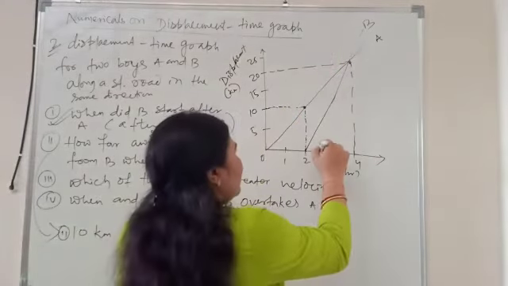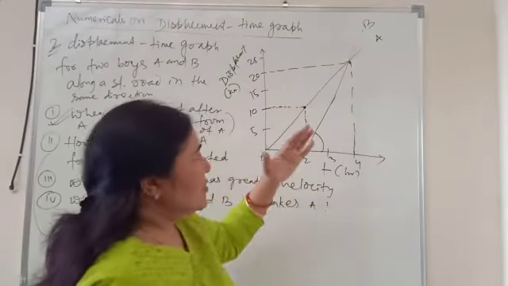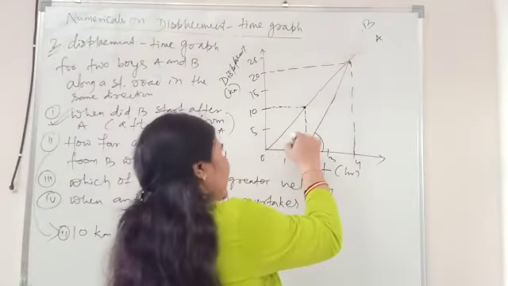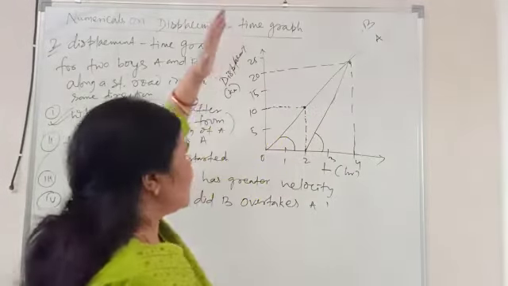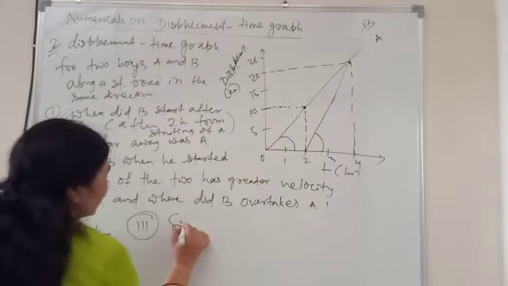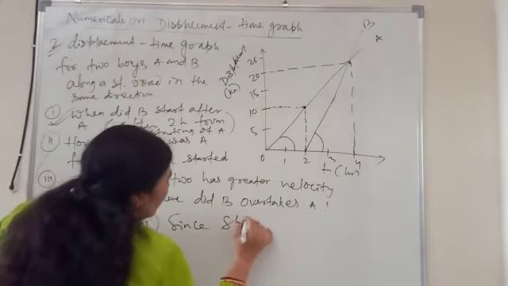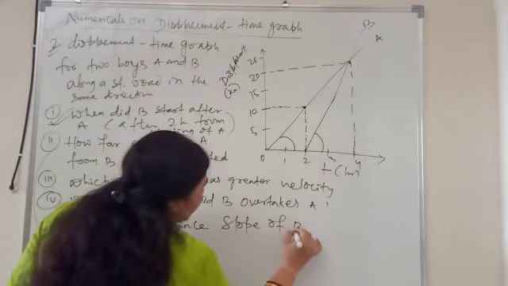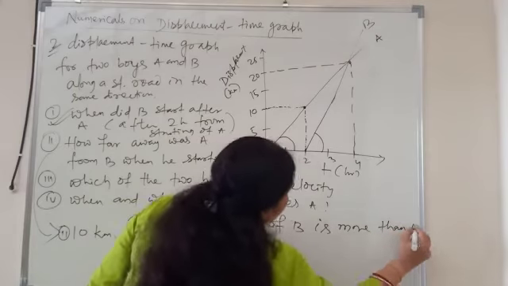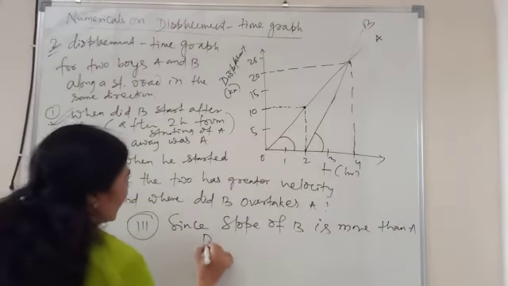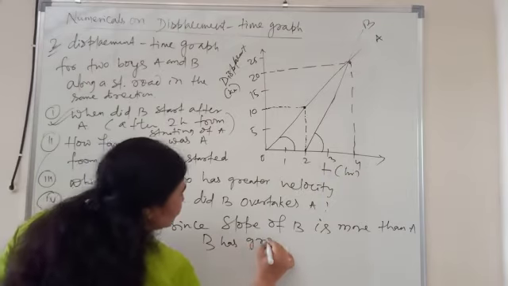Inclination means inclined angle. You can see that B's angle of inclination is more. So since slope of B is more than A, we can say B has greater velocity.